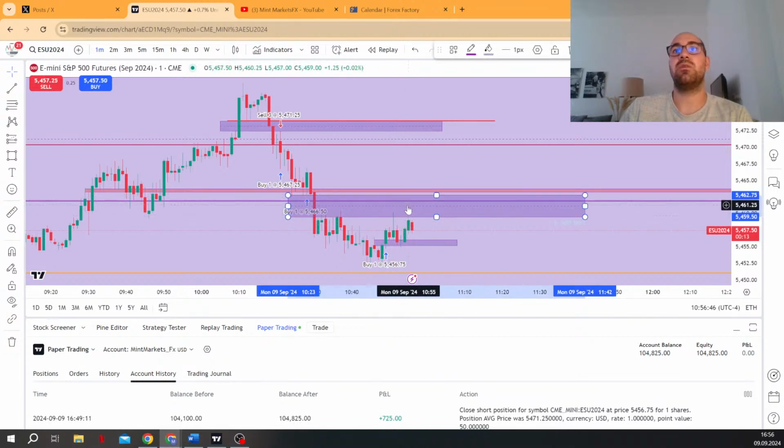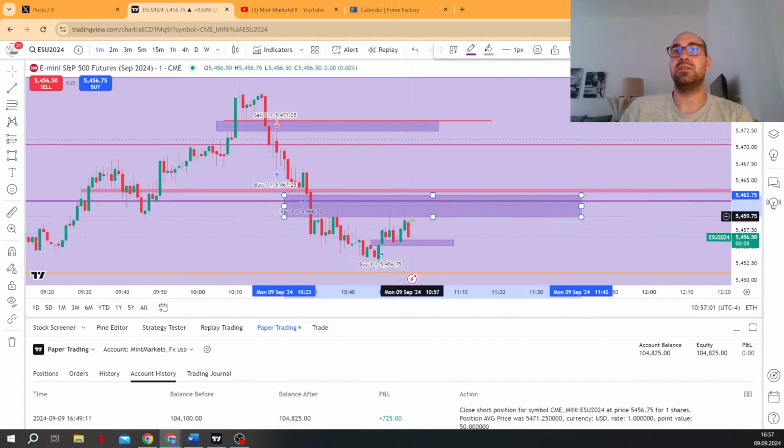So far we couldn't even make it to the midpoint. That's good for bears. That is what we want to see if we are short still. Let's see if this fair value gap continues offering resistance, or at some point if it can make it through.